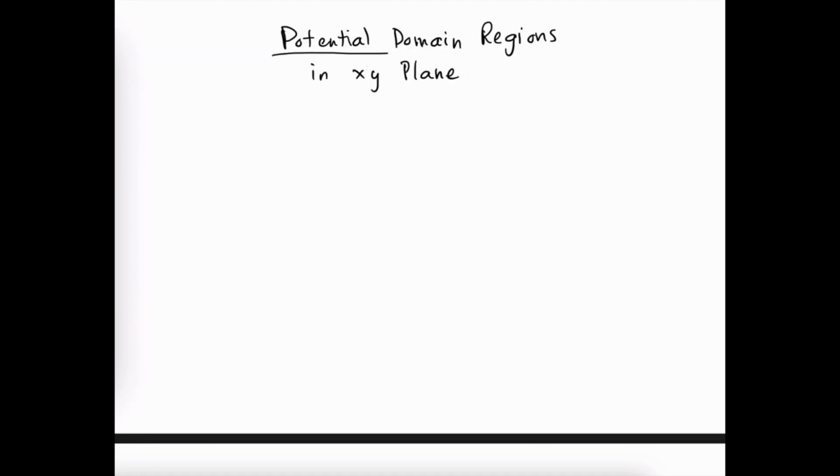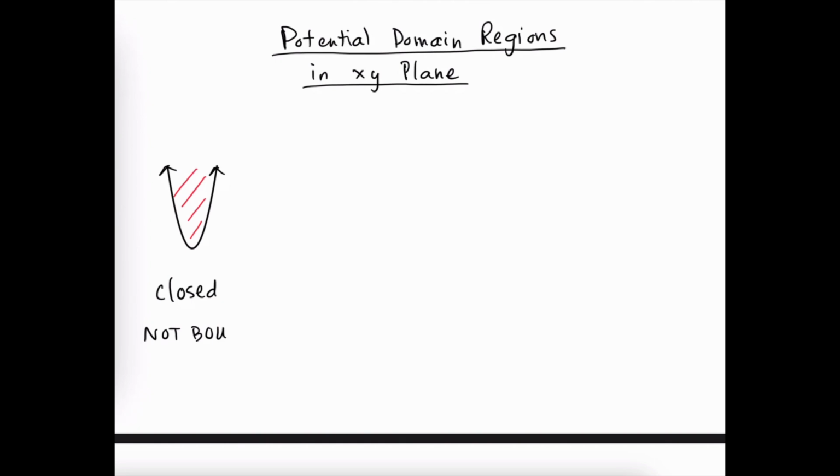So let's take a look at some potential domain regions in the xy plane, and we could have a two-dimensional domain region that is closed, meaning that we get all these points in here and the exterior curve is included, but because it is open at the top, we would say that this is not bounded.